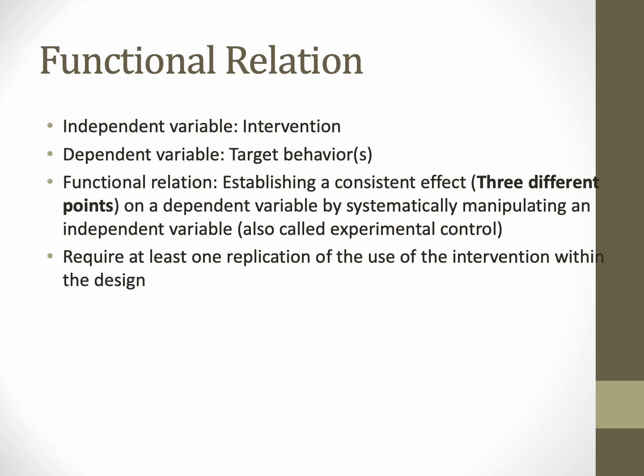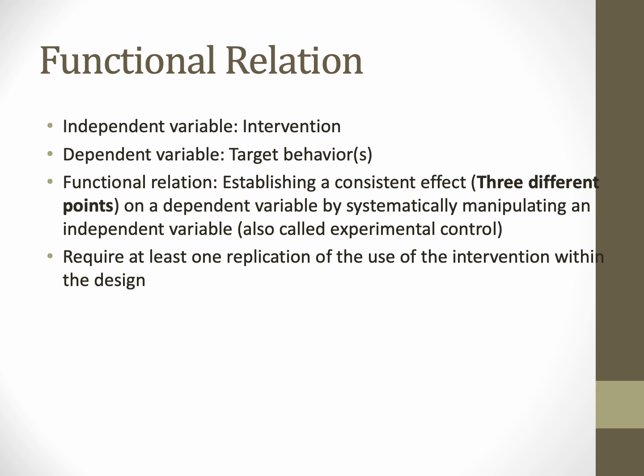So this is a methodological term. Single case research design requires functional evaluation. The independent variable is always the intervention, and the dependent variable is always the target behavior. So for your final project, the target behavior must be the alternative acceptable behavior, right?